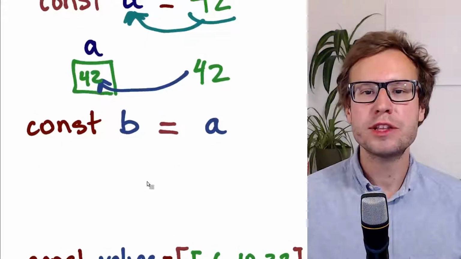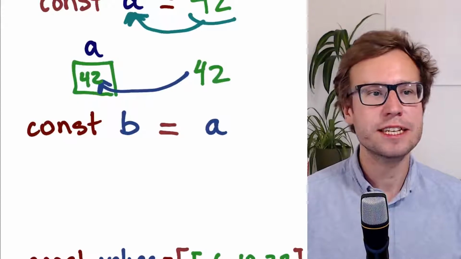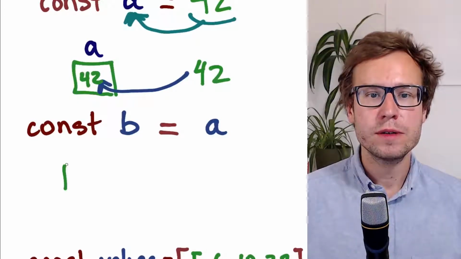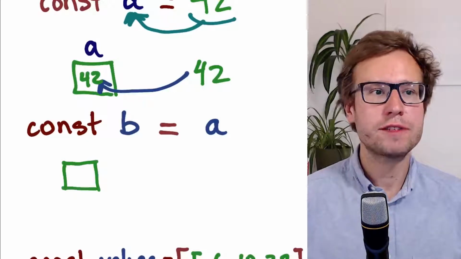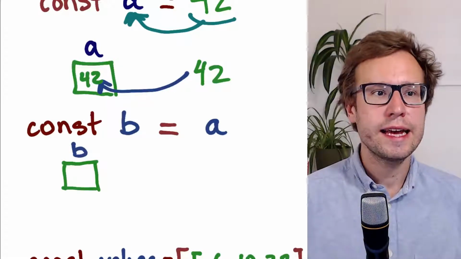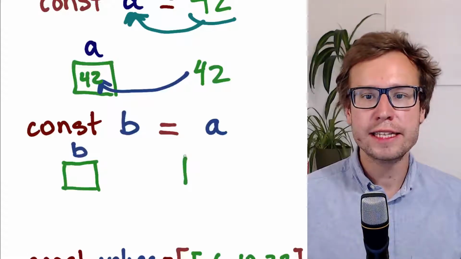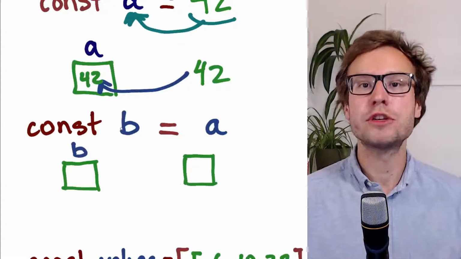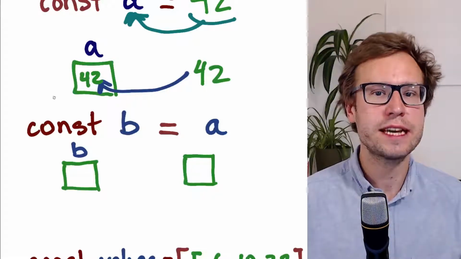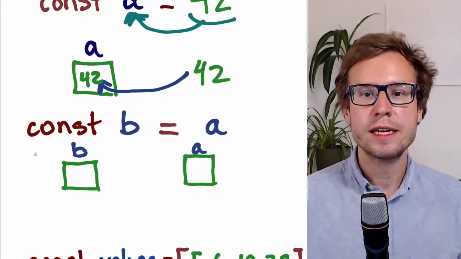Now, what happens though if we have this second expression? Well, we start out with now on the left a box b, and the value on the right is actually not just a value that's literally right there, a literal value, but it's instead this variable a.